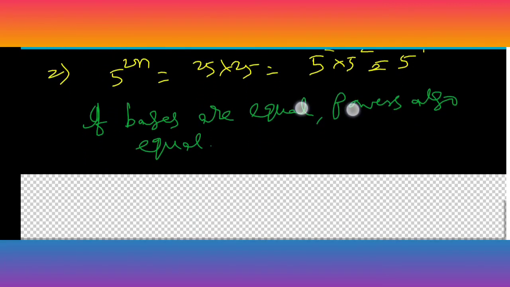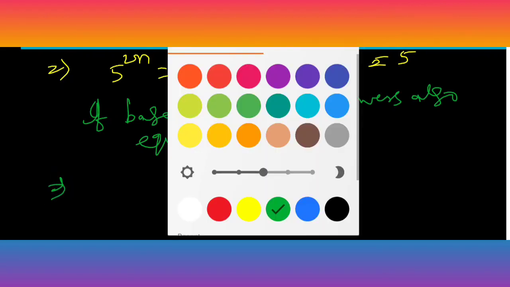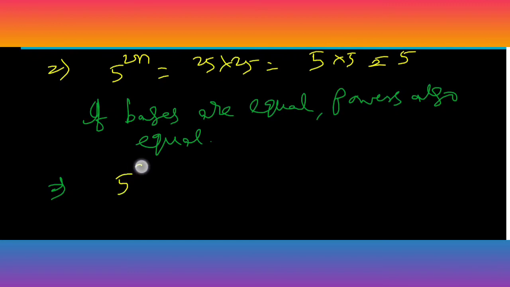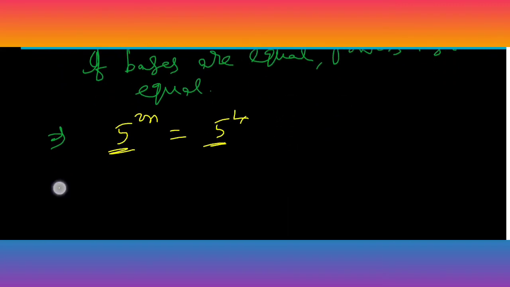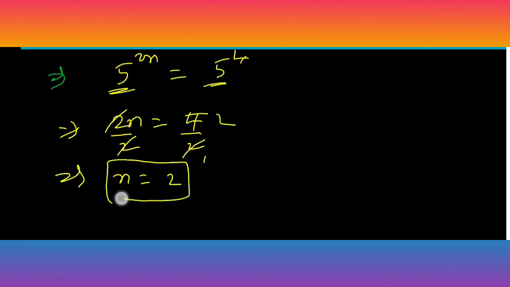So by using this, see here, 5 to the power of 2n is equal to 5 to the power of 4. So when the bases are the same, we have to equate the powers. So here 2n is nothing but 4, and by dividing both sides by 2, the 2s cancel. So n is equal to 2. This is the answer. Thank you very much.